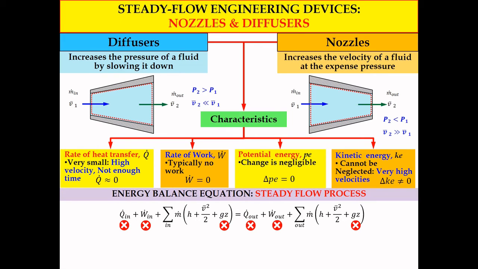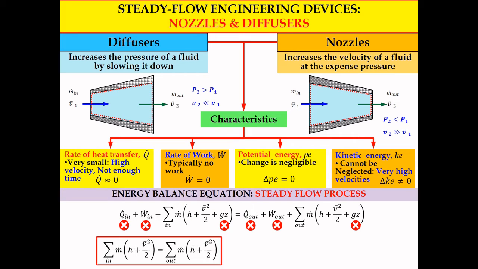So the remaining terms are just the terms for the mass in and also mass out, which involve the summation of enthalpy, summation of kinetic energy, and also summation of the potential energy terms. Because the change in potential energy is 0, gz for the inlet and also gz for the outlet will be 0. We can neglect the value.